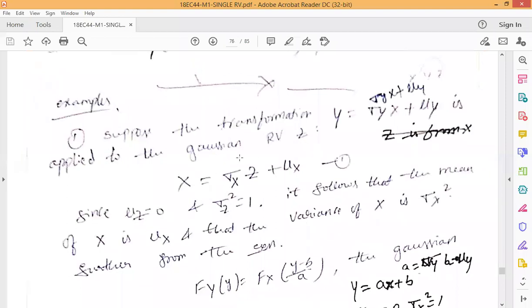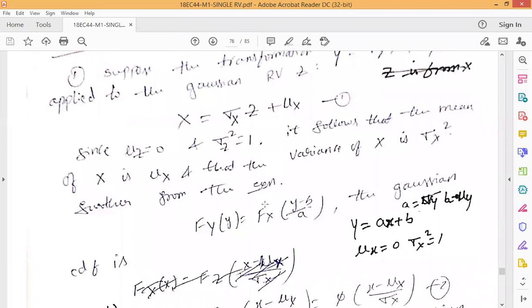The Gaussian random variable z can be related to the random variable x by the relation x is equal to sigma_x z plus mu_x. For this equation also, we are going to assume that the mean of the random variable z is equal to 0 and the variance of the random variable z, sigma_z squared, is equal to 1. So for this Gaussian random variable z, we can connect the variables y and x.